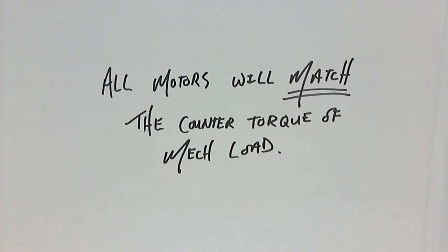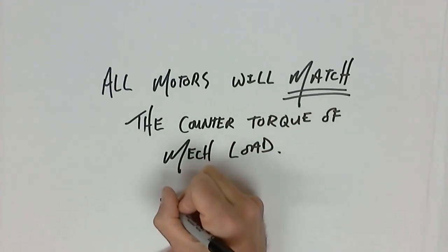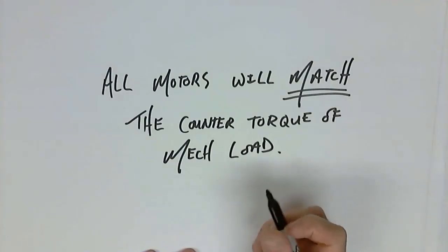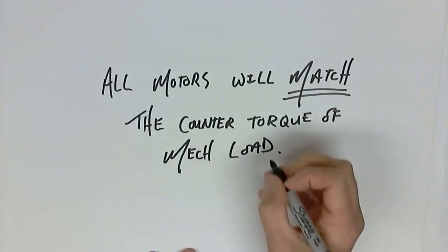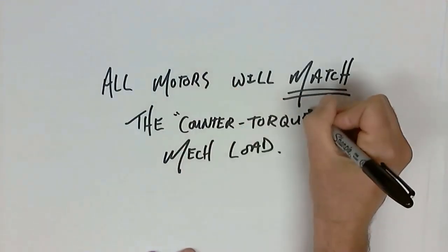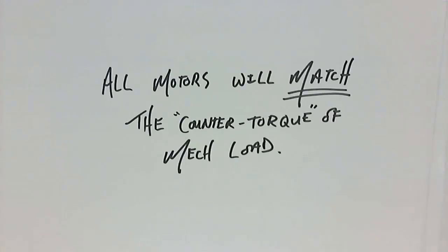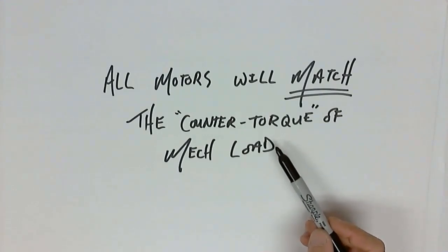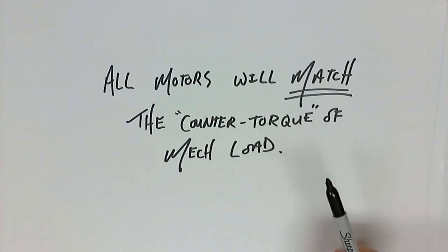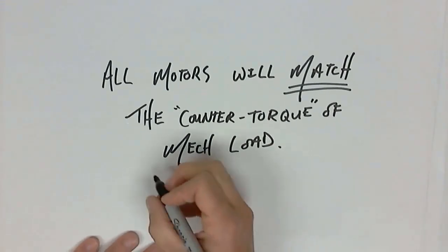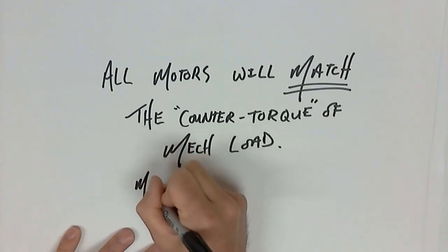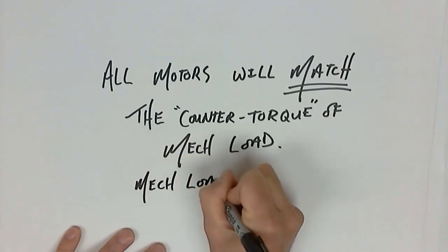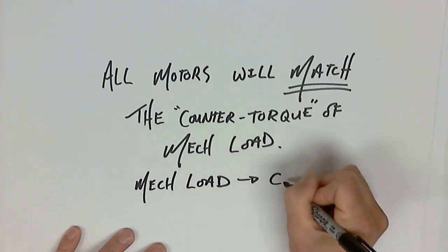So that means that as mechanical load increases, the counter torque on the motor increases. The counter torque would be essentially the amount of resistance that the motor feels to trying to turn its shaft. Mechanical load is typically referred to in these terms. So mech load is referred to as counter torque.